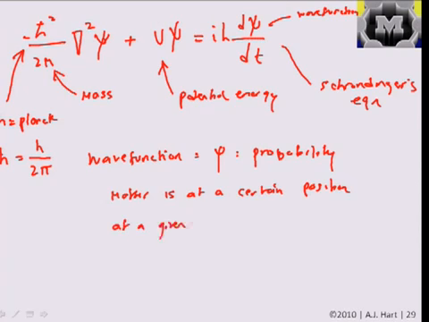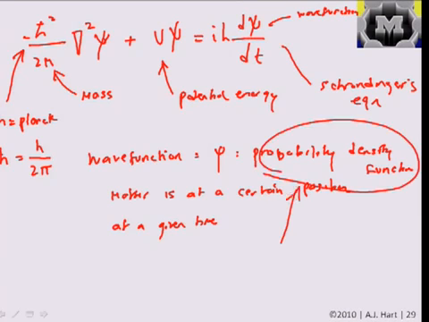Yeah, so I guess you'd call it a probability density function. Because psi star psi is the probability. It's a complex thing, so you have to square it to get the probability. That's why they call it probability amplitude. Okay. So I'll clarify this definition at the beginning of the next lecture.